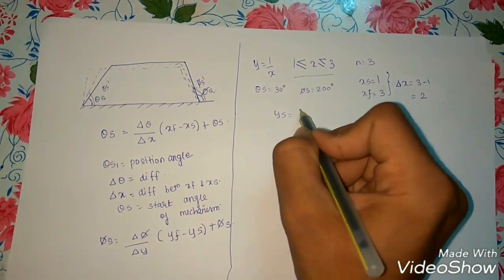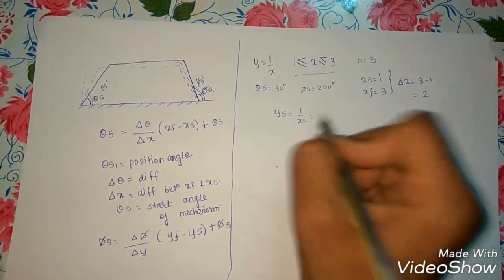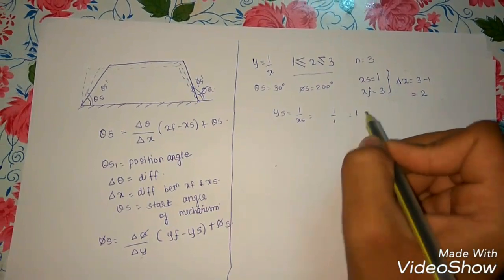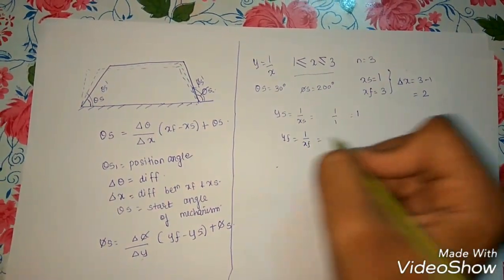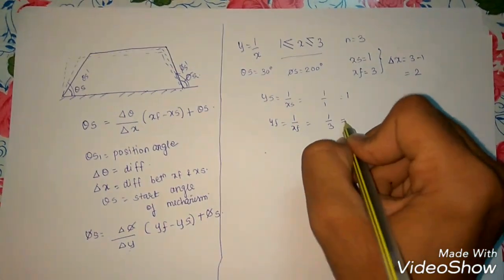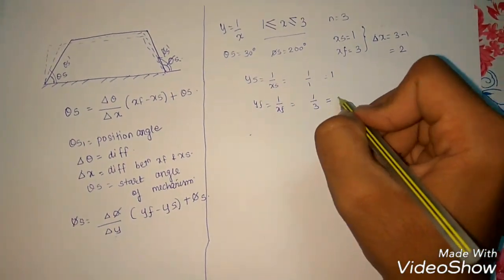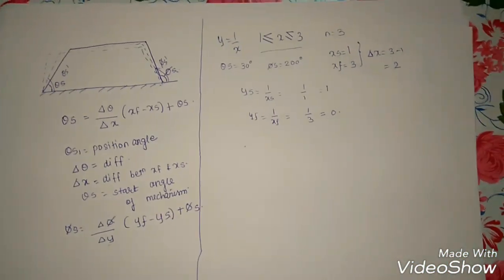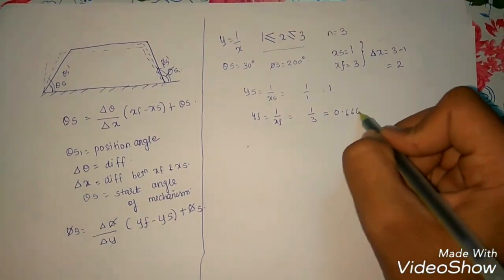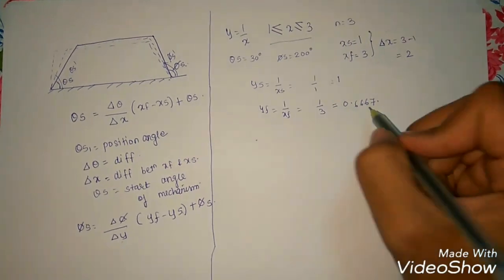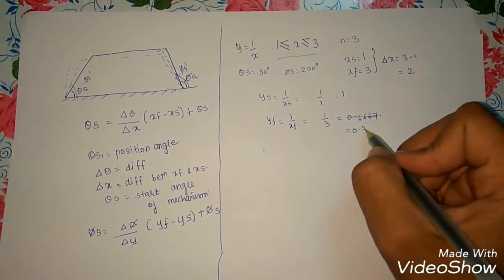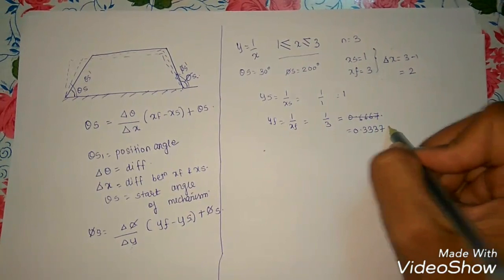So ys will be 1 upon xs, which is 1 upon 1, which will be 1. yf will be 1 upon xf, which will be 1 upon 3, which is going to be 0.3337.